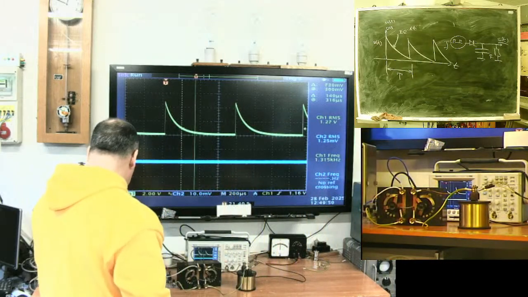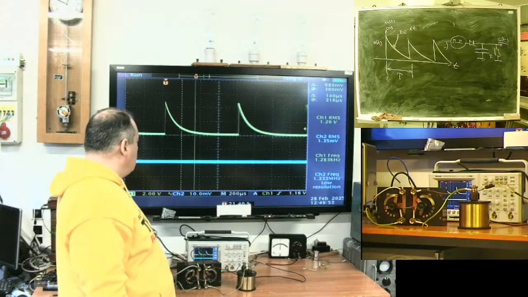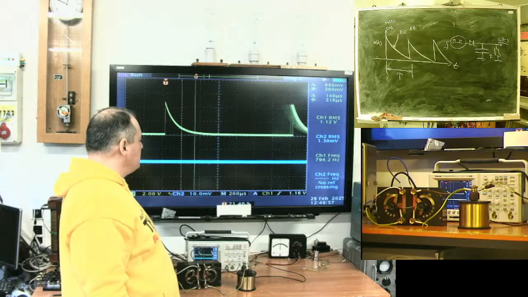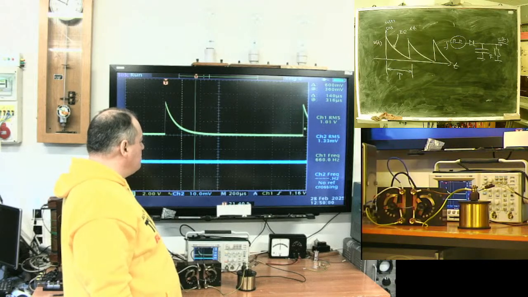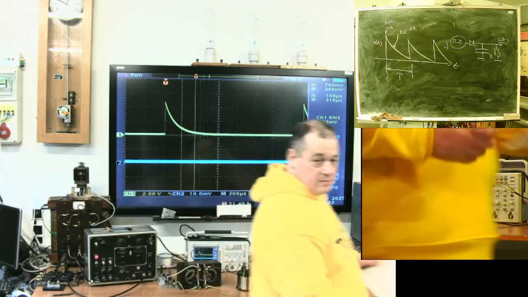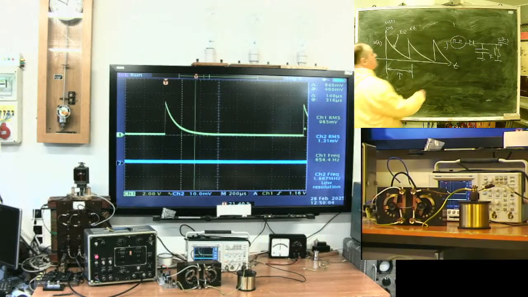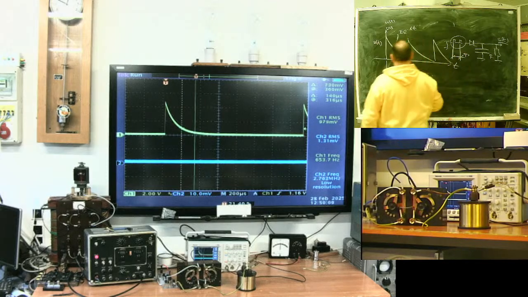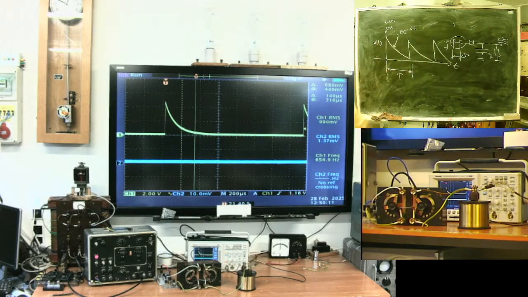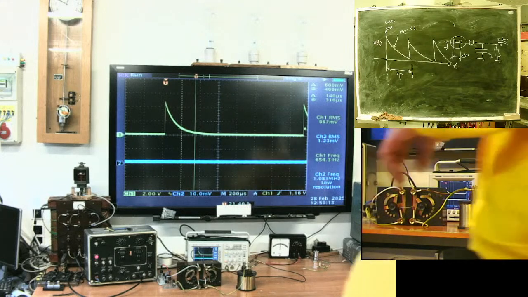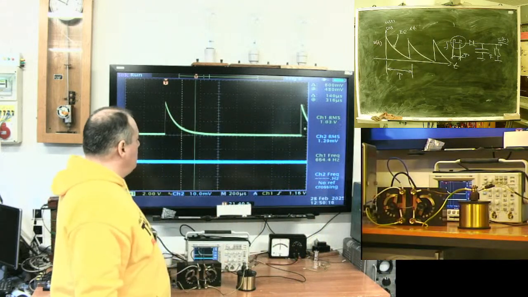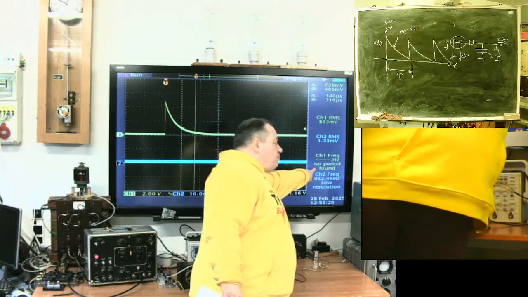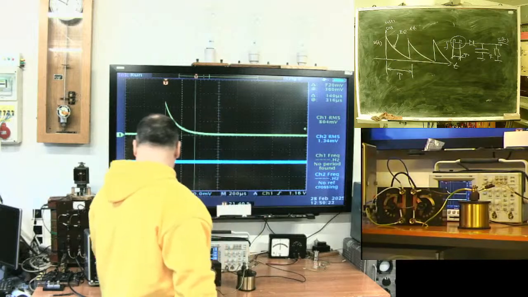Look what I'm changing: the period of the sequence. I'm changing this period, this means going up. What happens? No period found. Come back.